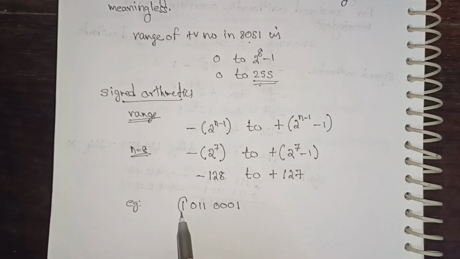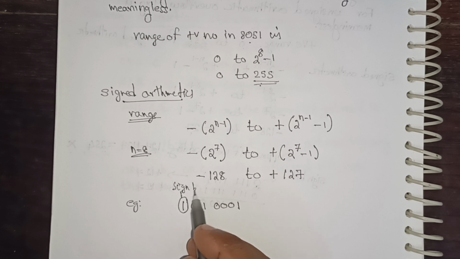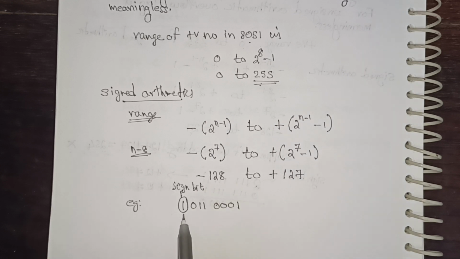This is the sign bit. This bit is always considered the sign bit. It is not for the magnitude, but for showing the sign. If it is 1, the number is negative. If it is 0, the number is positive. So here this is a negative number. This is the sign bit. Keep that in mind.